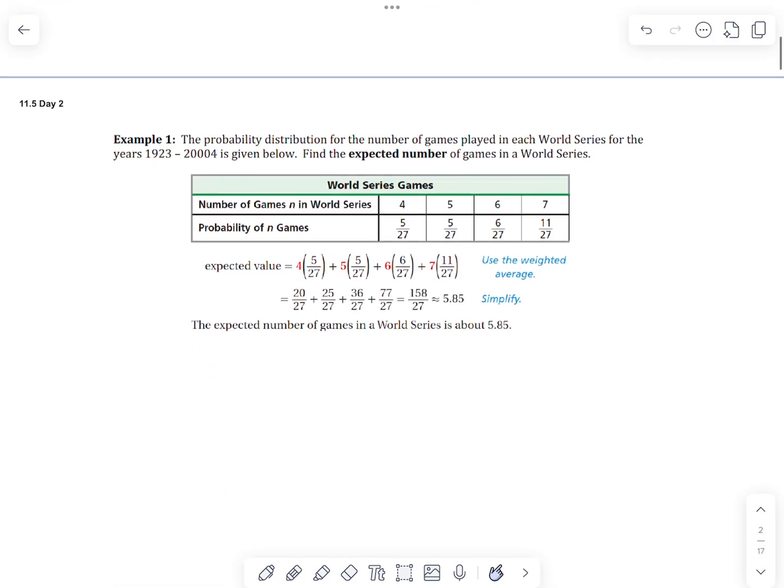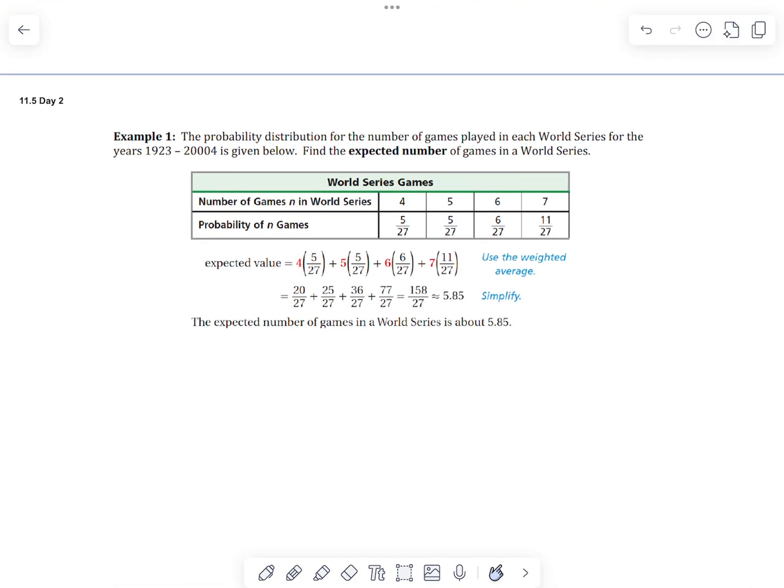So here's an example. The probability distribution for the number of games played in each World Series from 1923 to 2004 is given below. Find the expected number of games in a World Series. This first number says the number of games in the World Series, so if there are 4 games in the World Series, the probability is 5 out of 27.